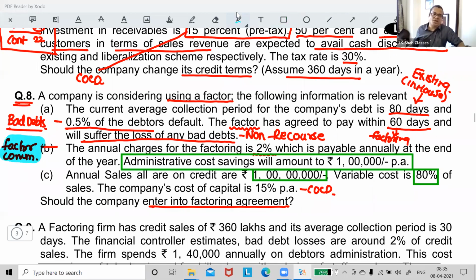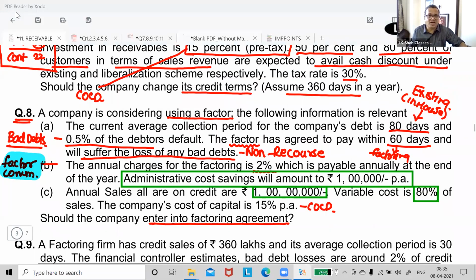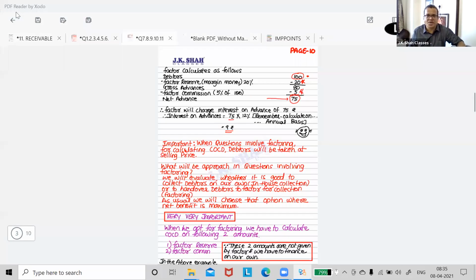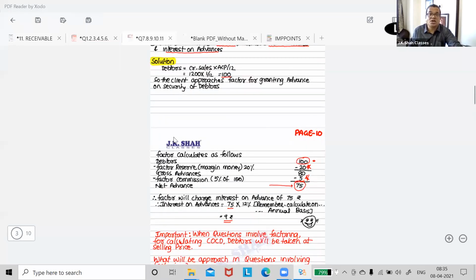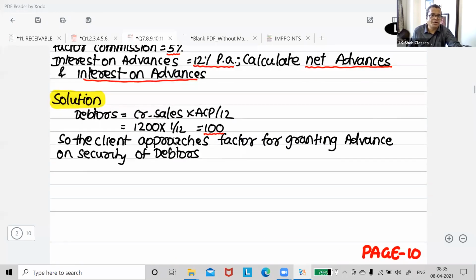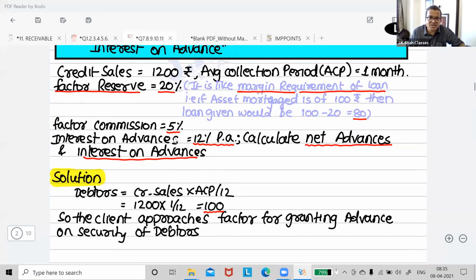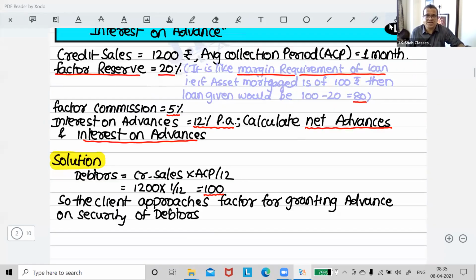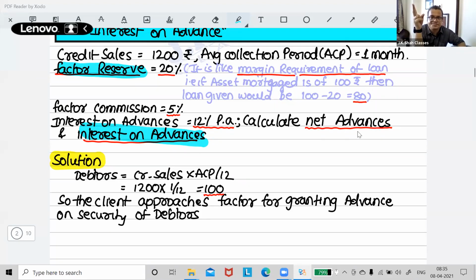So are you given these other contents? One minute. Are you given all these other contents like factor reserve? Are you given interest on advance? No, you are not given these two contents.